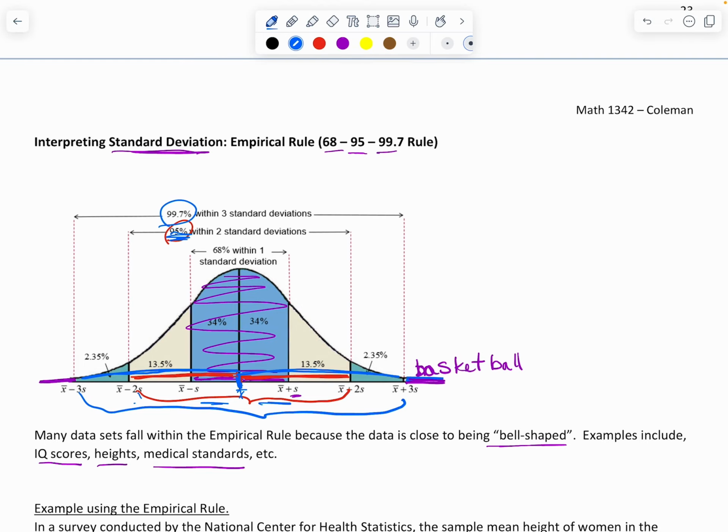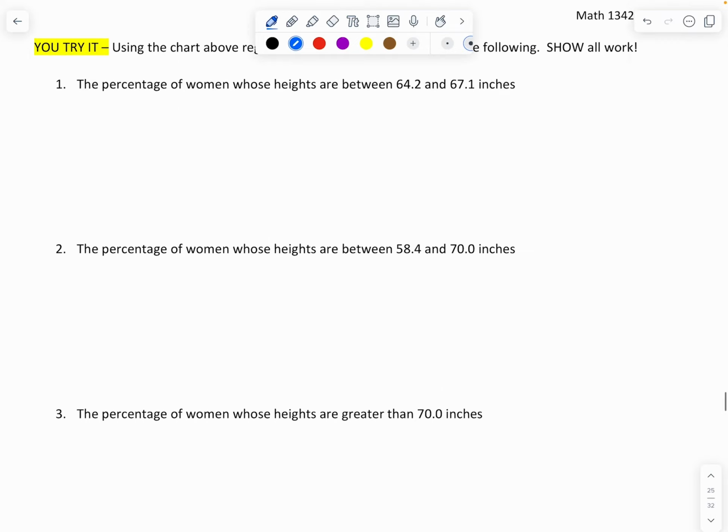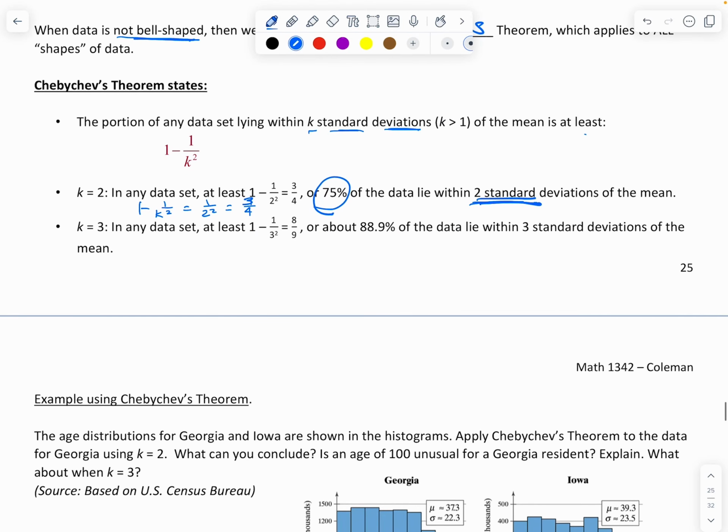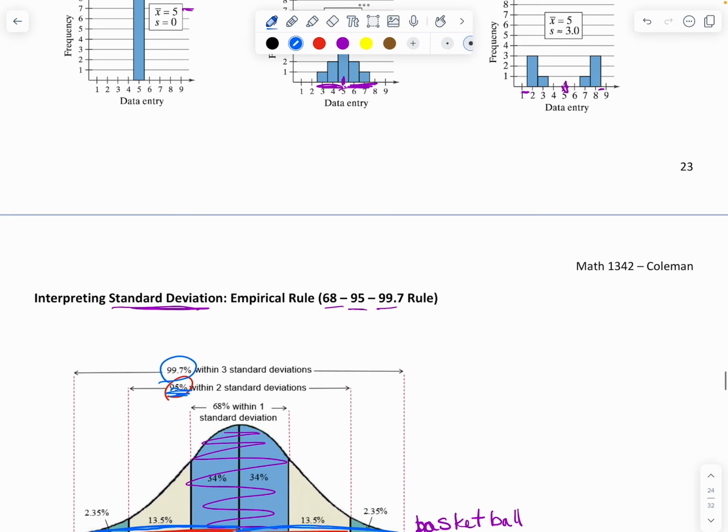Remember, using the empirical rule, within 2 standard deviations, we had 95%. That's quite a difference. Within 3 standard deviations for Chebyshev's, we have about 88.9% versus the empirical rule, which is 99.7%. So it is quite a bit of difference.